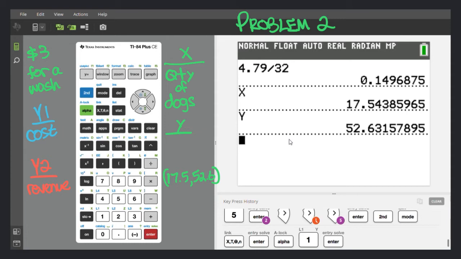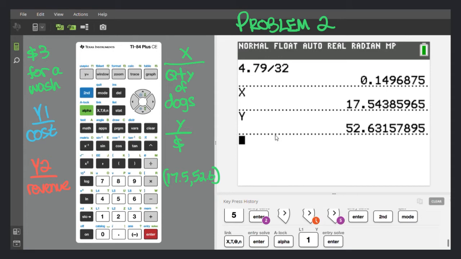But the x values and y values mean something else. The x value is the quantity of dogs that we're washing, and the y value is the amount of money. And that amount of money means something different for y1 versus y2. So once again, quantity of dogs for x and money for y.